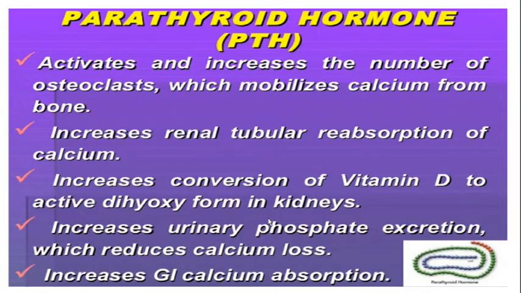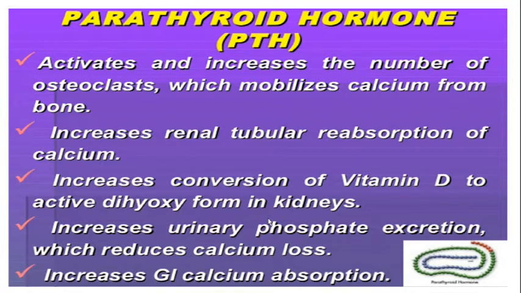As far as the functions are concerned, it activates and increases the number of osteoclasts, which mobilize the calcium from the bone, and which is responsible for the cell turnover and the osteoclastic activity in the bones.